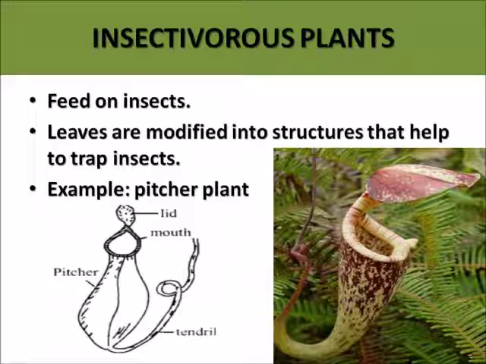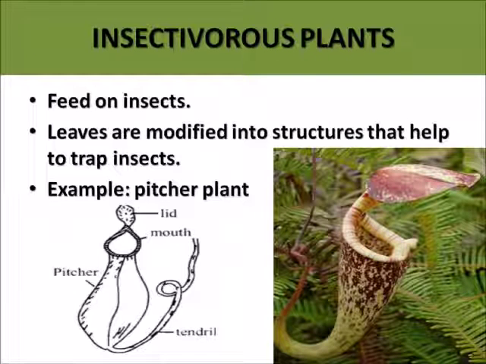Now what happens is these leaves act as a prey trapping mechanism. They act as an insect trapping mechanism. Whenever an insect comes near this plant, in this pitcher there is a deep cavity inside. Inside this pitcher is present a lot of digestive juices. So once the insect falls into this pitcher, these digestive fluids help in digesting that insect.